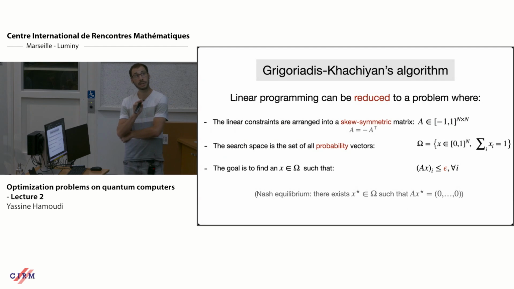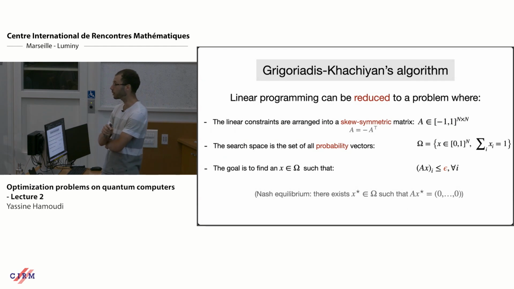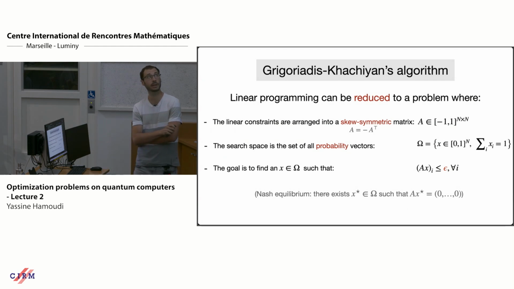So the first step is to reduce a linear program into a nice problem, which will be nicer to solve. I'm not going to give you the reduction, how it is done. I'm just giving you the final object. Essentially, instead of solving an arbitrary linear program, you can focus on the following problem.